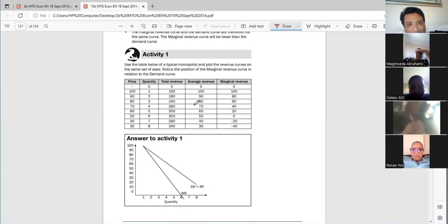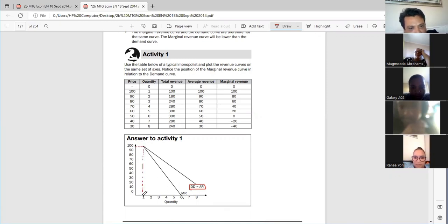Now, how does this work here at the table? Look at this line here. I'm going to show you. See this line here? This DD equals AR. It starts at 100.